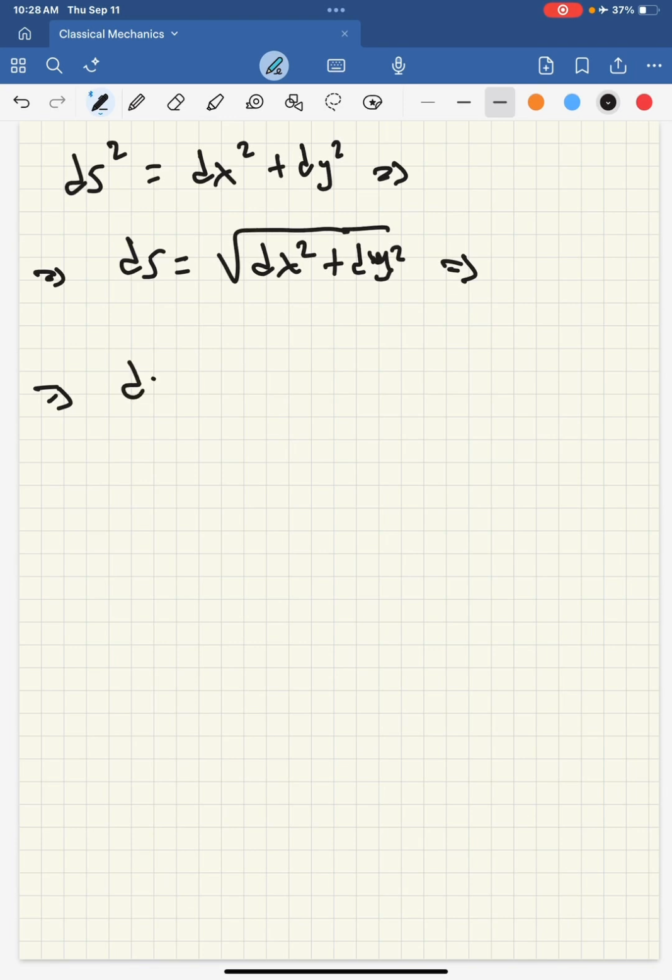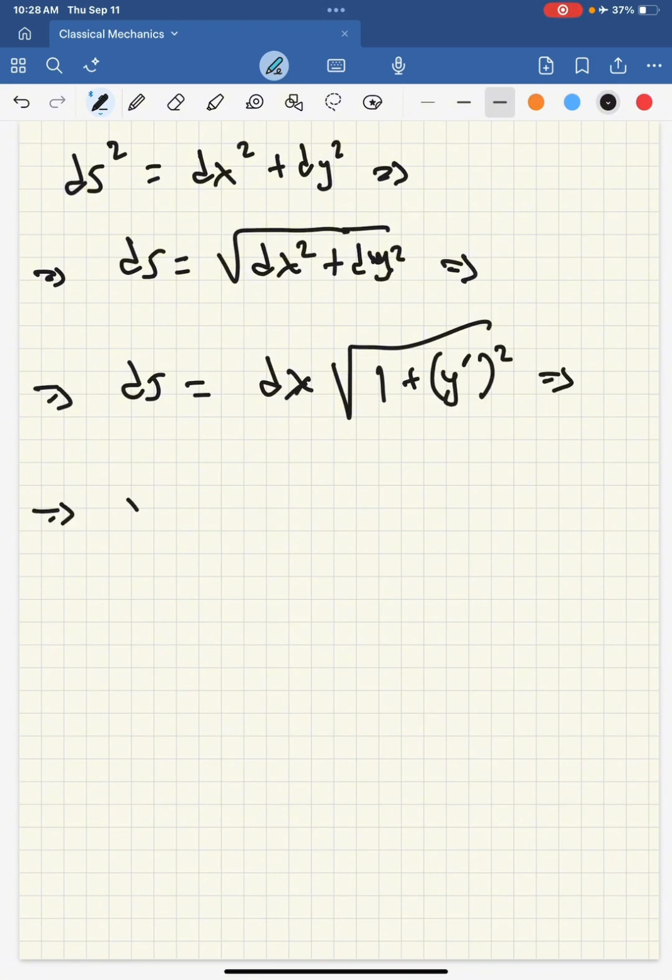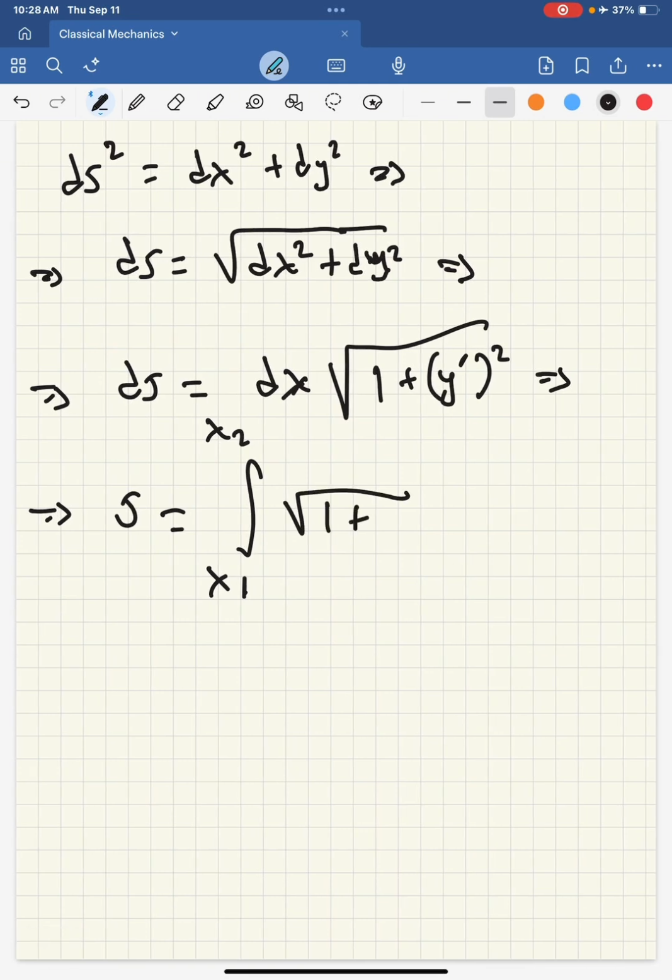So ds is, we take this dx outside the square root, so the square root of 1 plus y prime squared, okay? So s, the length of this line, is the integral from x1 to x2 of the square root of 1 plus y prime squared dx.